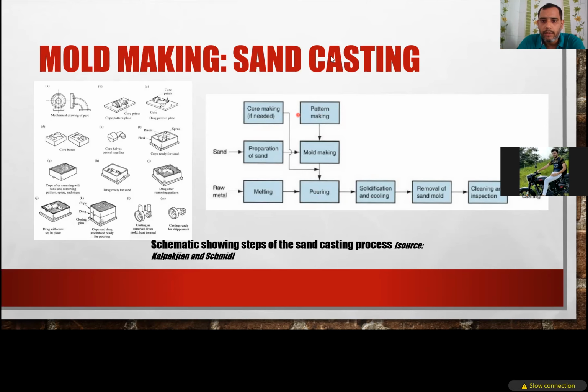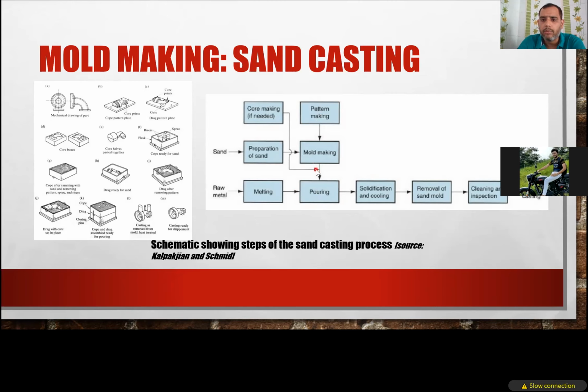In the preparation of the mold, there is also core making, if needed, before pouring.